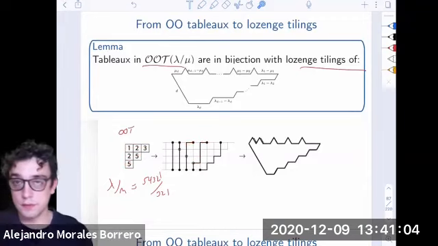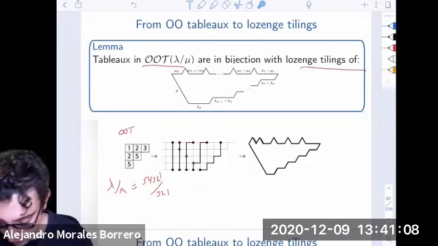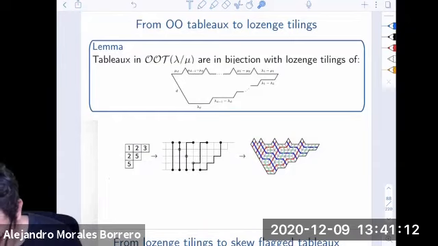If you translate this into paths the usual way, then you can translate these paths into the red paths. So this should have been red, but these red paths here correspond to these paths here.